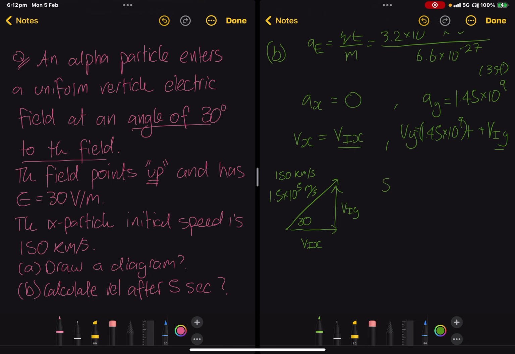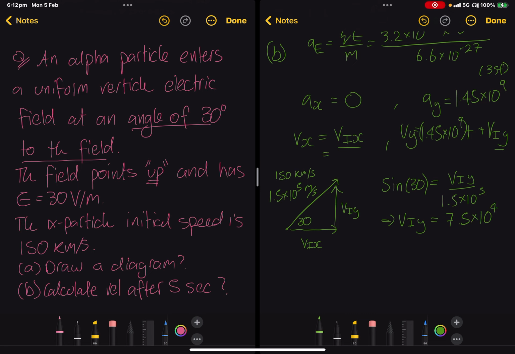So we know sine of 30 is equal to opposite over hypotenuse. That's VIY over 1.5 times 10 to the 5. This tells us that VIY is equal to 1.5 times 10 to the 5 times sine 30. My calculator tells me this is 7.5 times 10 to the 4.